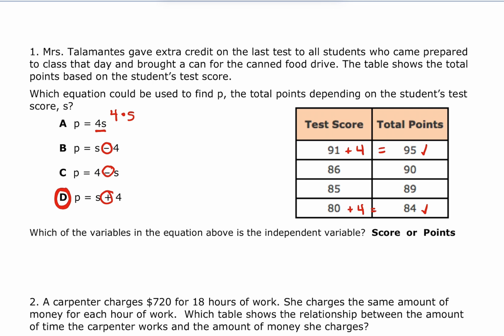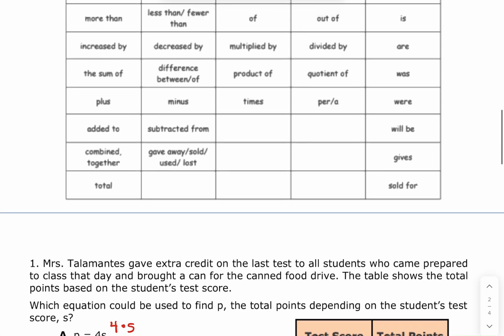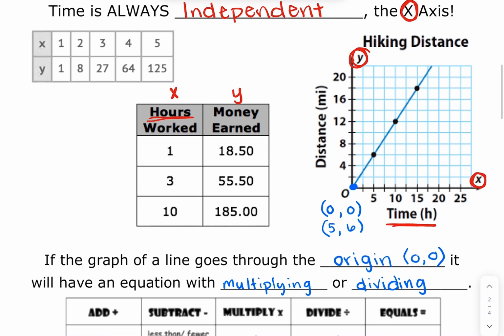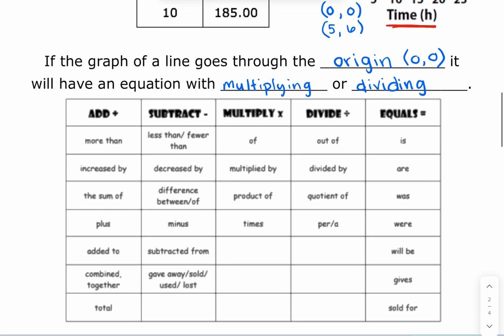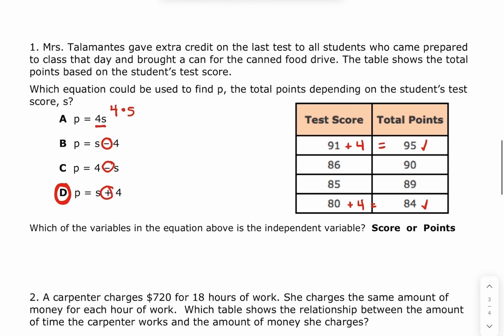Okay, and the next thing I want to talk about before we move on is that they used P and S. So yesterday we talked about X and Y, and on the front we talked about a vertical table where this is my X and this is my Y. So we can still use that same thought process here.